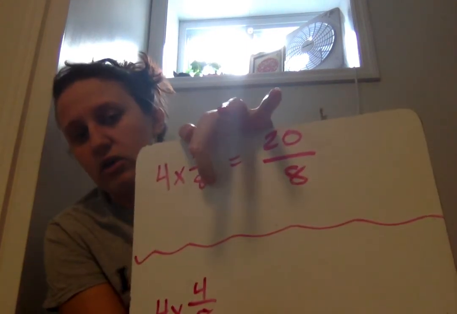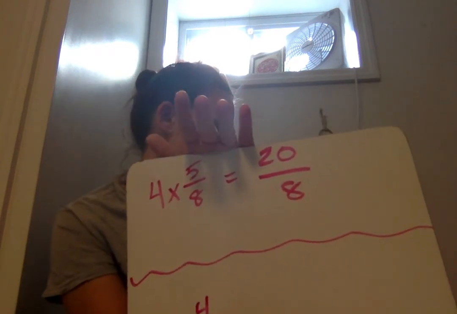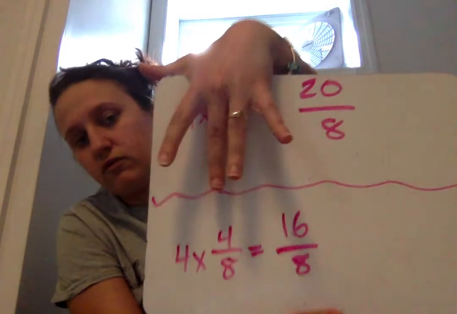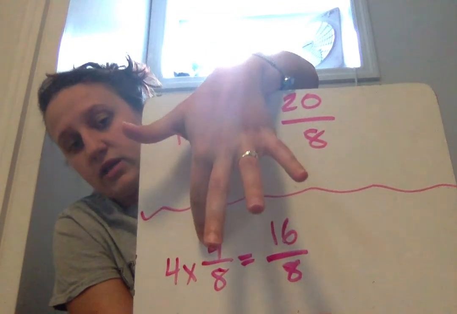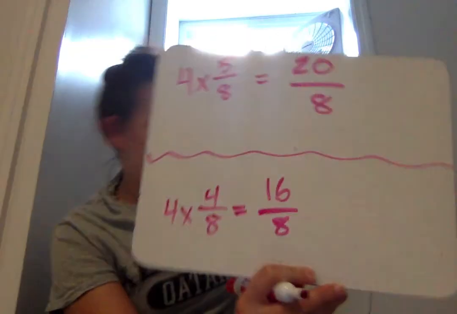And we're up to number 14, by the way, the next part of 14, 4 times 4 is 16 over 8. We did 4 times 4 is 16, and we put it all over 8.